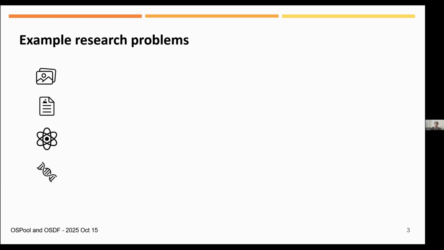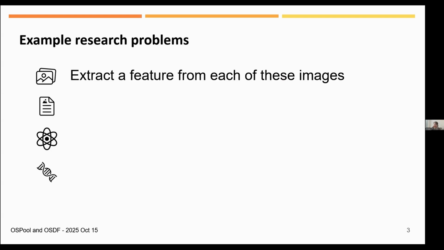We want to solve researchers' problems. So, for example, you could be a researcher who has a problem where you need to extract some sort of feature from a bunch of different images. And that is a task that you can do on your laptop. But when you have a lot of images, that becomes a bit of a larger task, right?